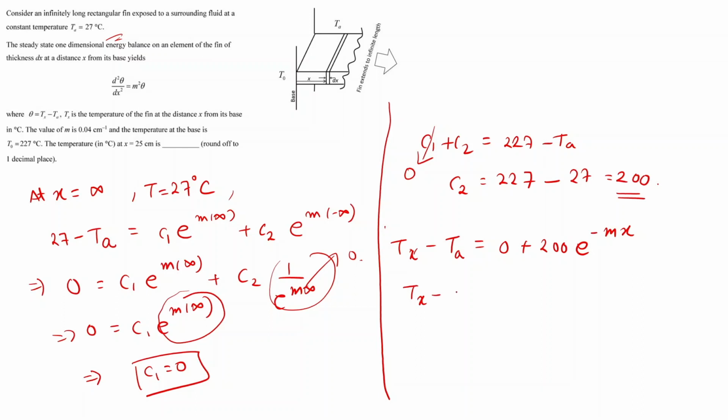So (Tx minus Ta) upon 200 is equal to e raised to minus mx.